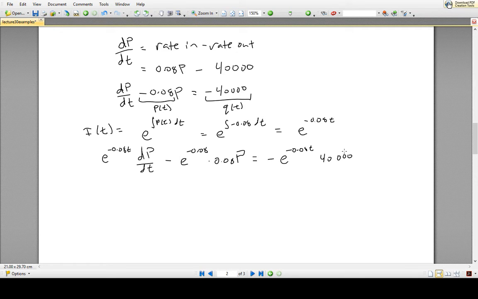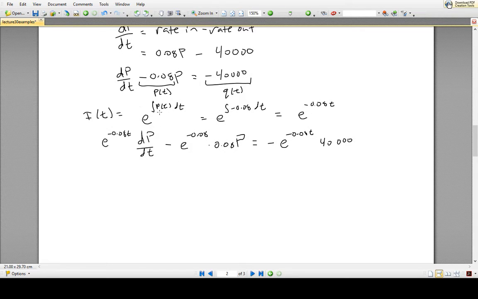All I've done is multiply our differential equation by our integrating factor. What that does is make the left-hand side exactly into a product rule as if we recombined it. So the left-hand side is actually the derivative of e to the negative 0.08t times capital P. If you do this derivative using the product rule, you get this left-hand side. The right-hand side stays the same.